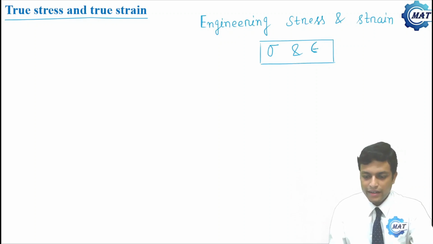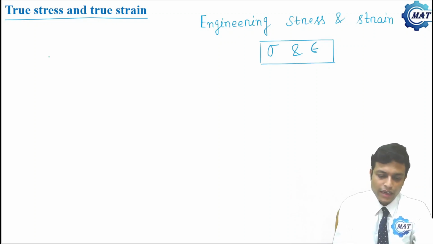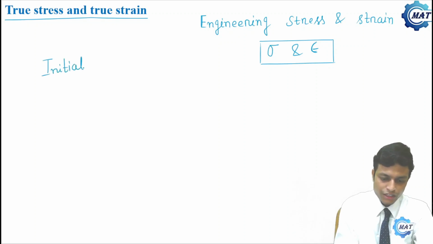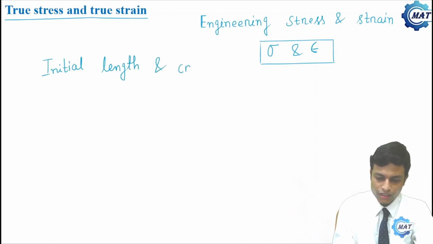What was the criteria to determine engineering stress and strain? We have considered the initial length and cross-sectional area, that is L0 and A0.